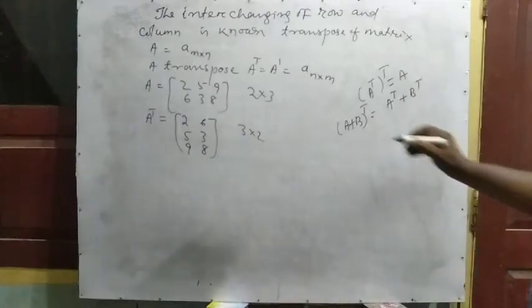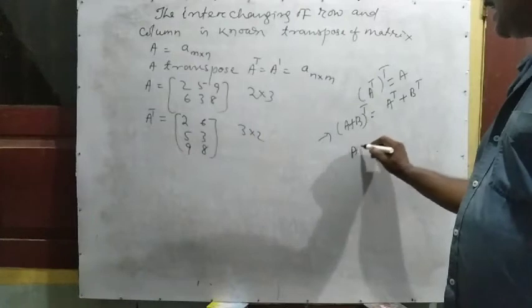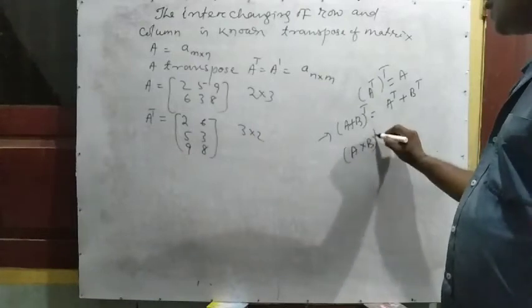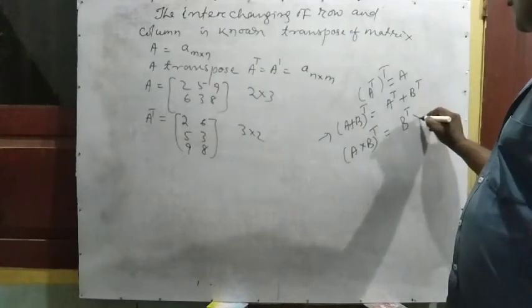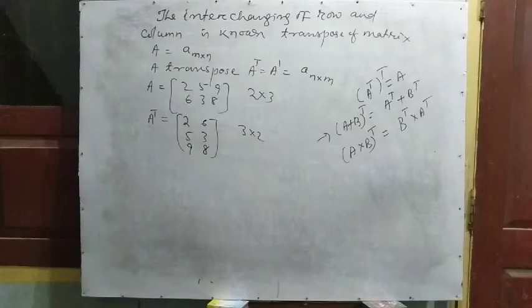Second: (A into B) whole transpose is equal to B transpose into A transpose. The order will change here in the third case, but in addition, the order remains unchanged. So we will discuss them one by one.